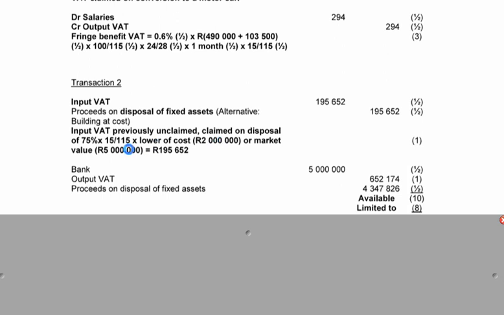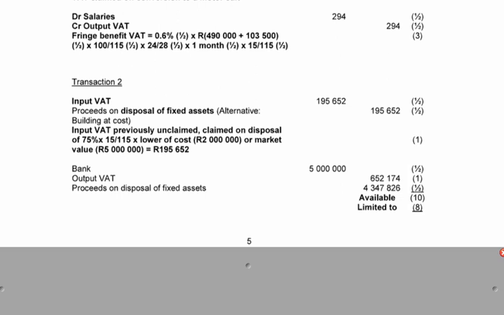Cost was 2 million, market value is now 5, so we're going to use the 2 million. And I don't care that you've actually claimed it at 14% originally. The new VAT rule is 15%, so you'll do it based on 15 over 115 now. And there's your amount that you can claim on disposal.